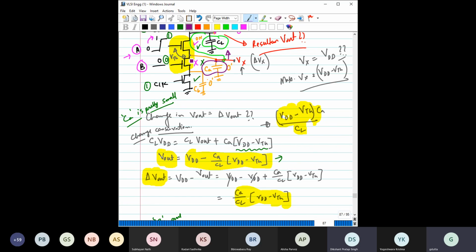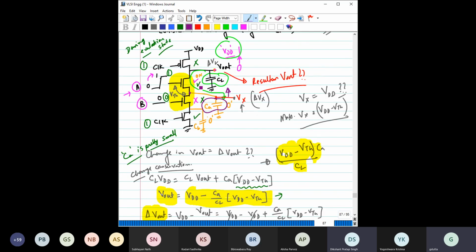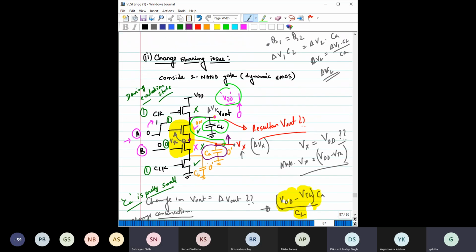At a certain point this transistor will turn off and no further charge transfer is possible. As a result, the potential here and the potential here would be different. That is what you were referring to from yesterday's discussion. After that, I thought let us first discuss the common scenario and then come to the special case.